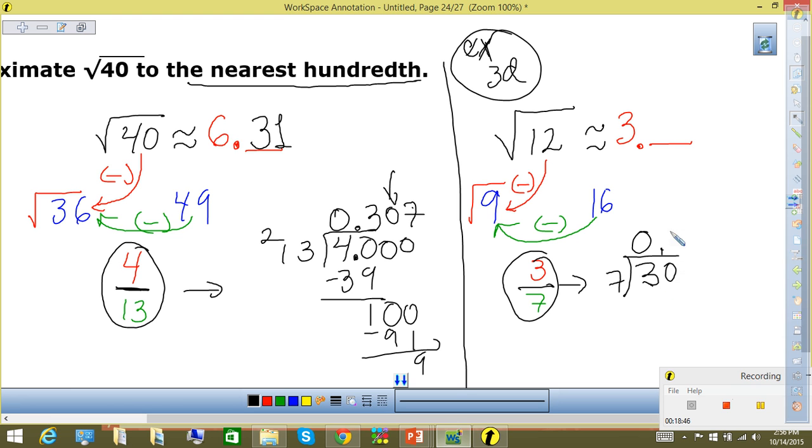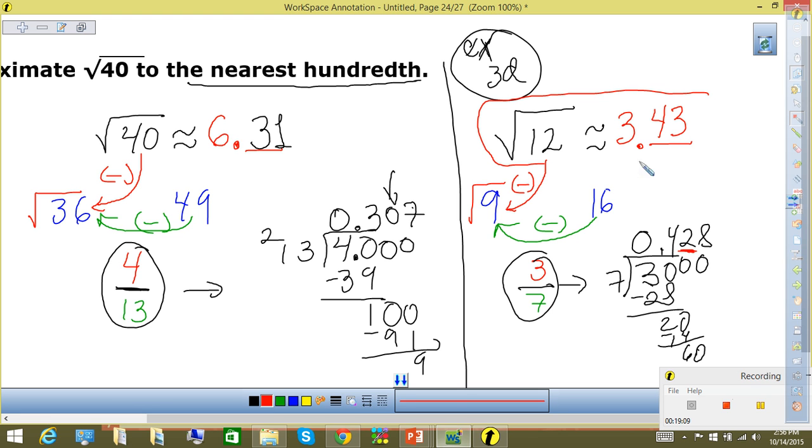That is 4. 28. Subtract, that's 2. Add a 0. 2. 14. Subtract, that is a 6. Add a 0. 8. So, we need to round to this one. Does that stay a 2 or does it become a 3? So this is 3.43.